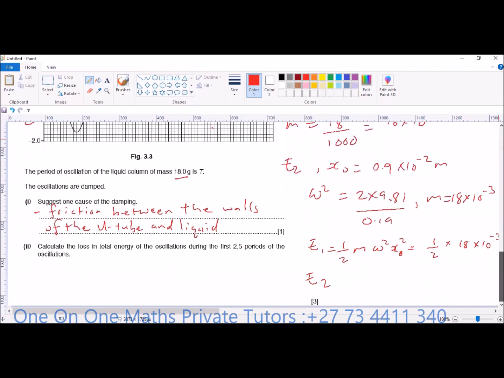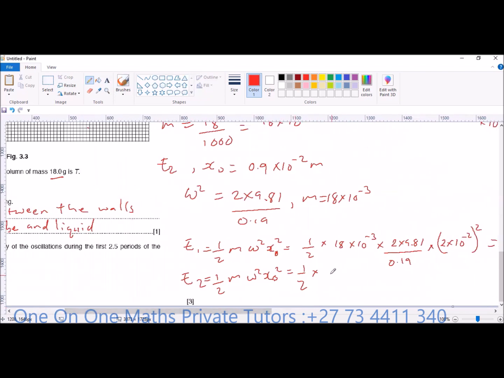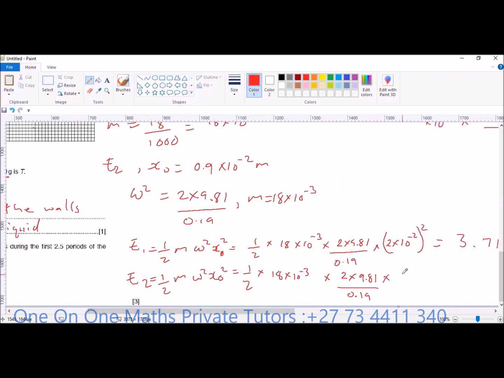So E2 is equal to half m omega squared x naught squared, which is half times the mass is the same, 18 times 10 to the power minus 3, times omega squared is 2 times 9.81 over 0.19, the same as there, times what we only change is the amplitude, 0.9 times 10 to the minus 2, squared. What would that give us?